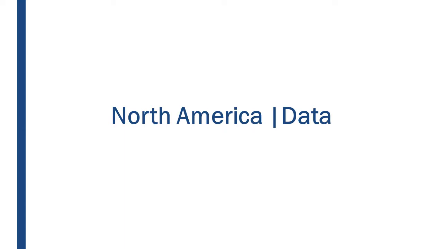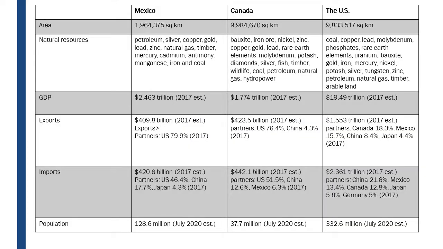North America data. If we make a comparison between these three countries, Mexico, Canada, and the US, we will find interesting data. The three of them are big countries. They have different natural resources, like in Mexico we can find petroleum, silver, copper, gold, lead, zinc, natural gas, and more.